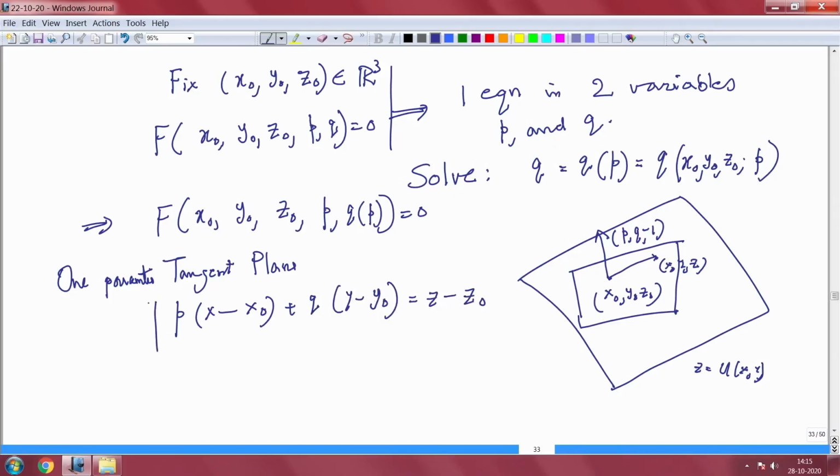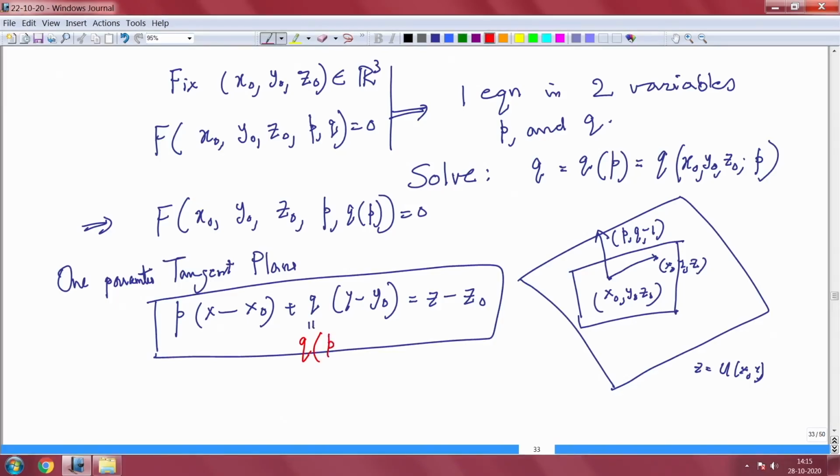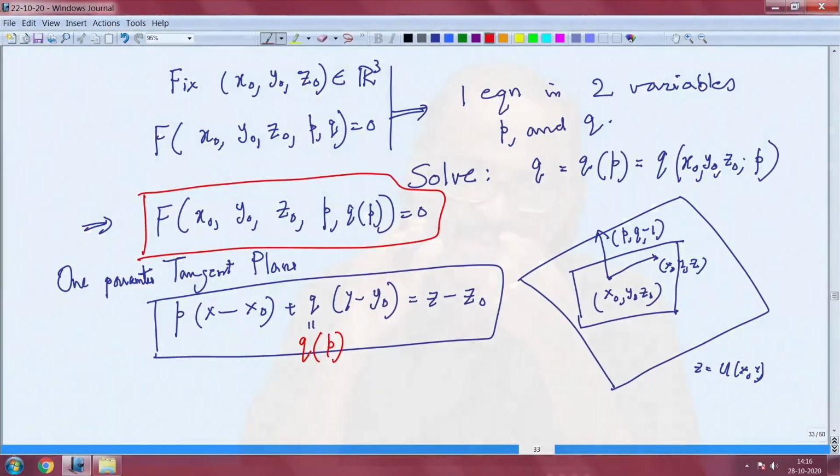Okay. So, you have two equations which form a one parameter family, because you can view q as a function of p. So, you have a one parameter family of tangent planes. Just imagine the geometry now. You have a fixed point x naught, and on that point you have a plane. When p changes, you will have another q, and another tangent plane.